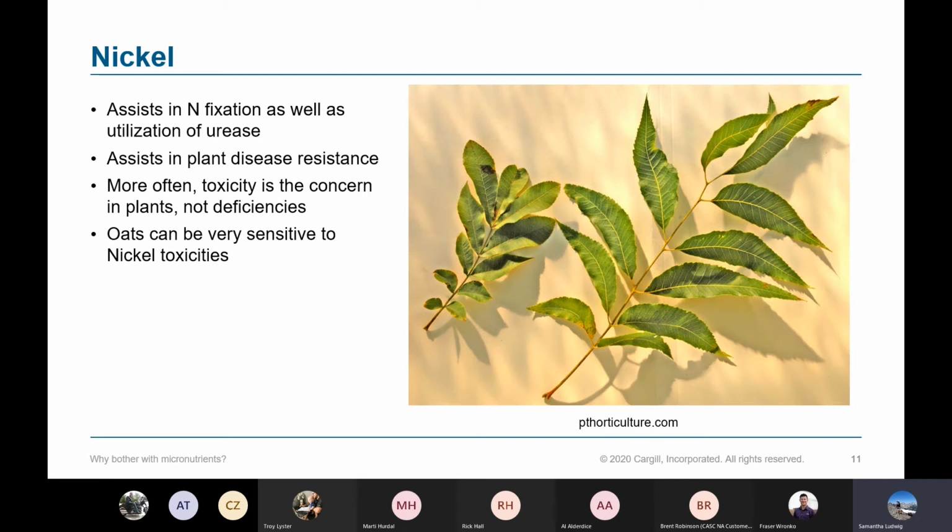On the opposite side of that, when it comes to toxicities, oats can be very sensitive to too much nickel. However, that's not often even seen here and is usually from contaminated fertilizer added to the soil, things like that. So in Alberta, we're more concerned about a toxic effect than a deficient effect, but even that isn't seen very often.